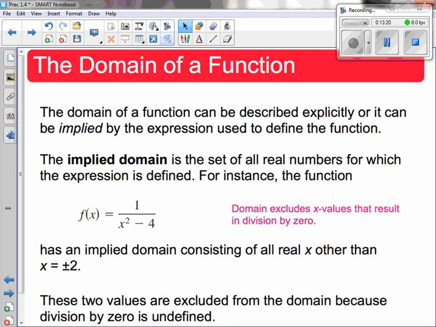The domain excludes x values that result in division by 0. This here has an implied domain consisting of all real numbers other than x equals plus or minus 2. So I see both of y'all do have your graphing calculator. Let's graph this and let's see how this looks.